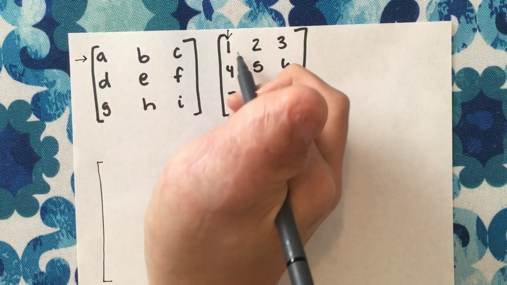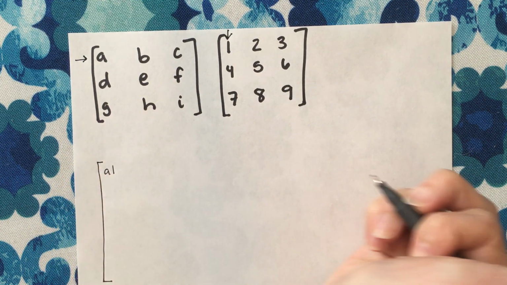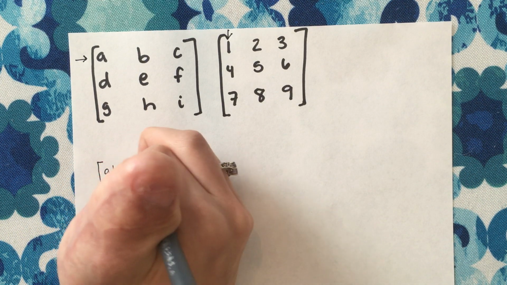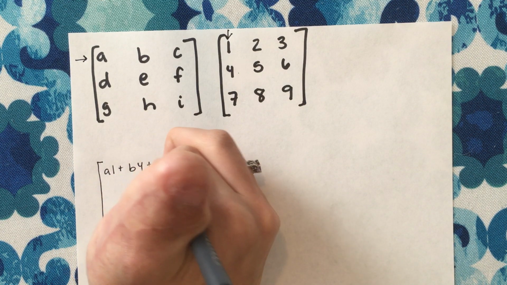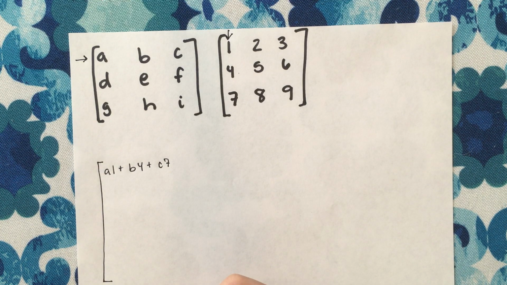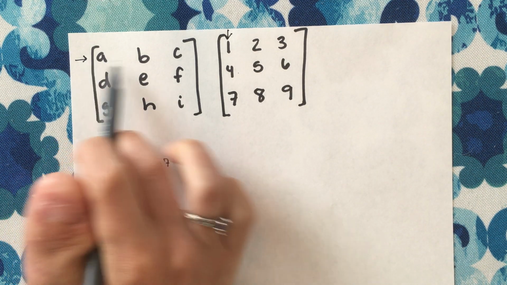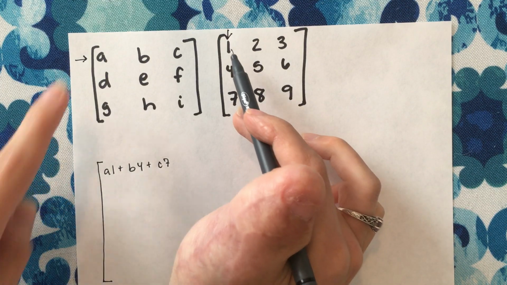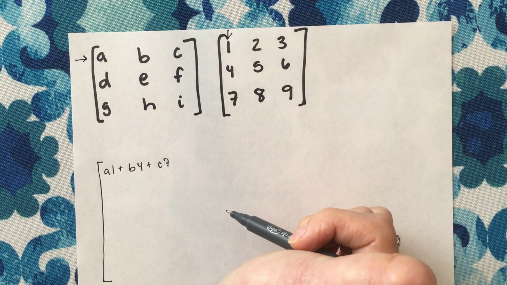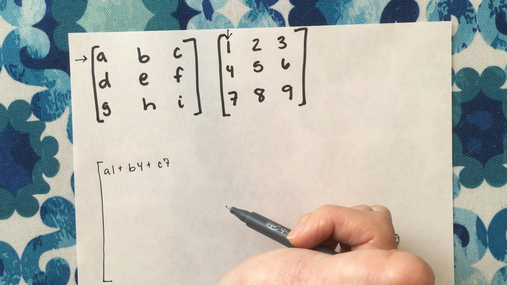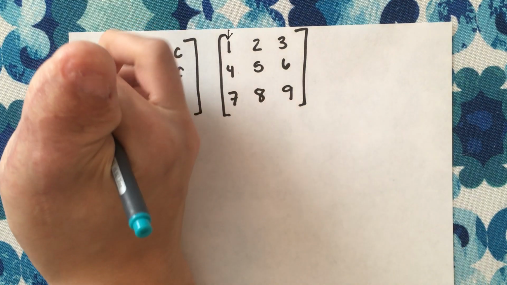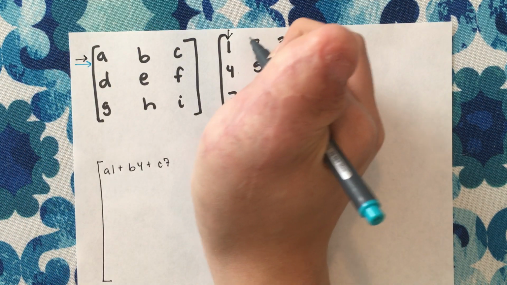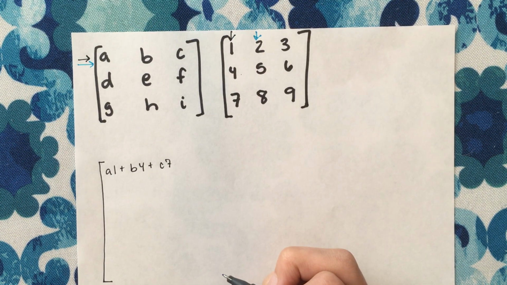So I'm going to multiply A times 1 plus B times 4 plus C times 7. So I did this first row times the first column component-wise and then added them together. Next, why don't we do this first row with this second column.